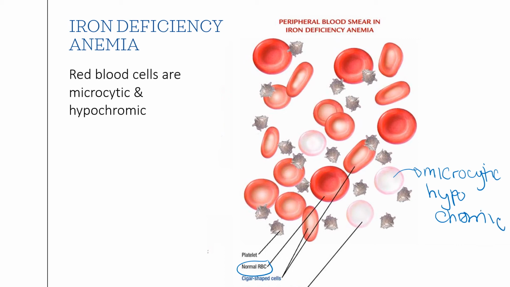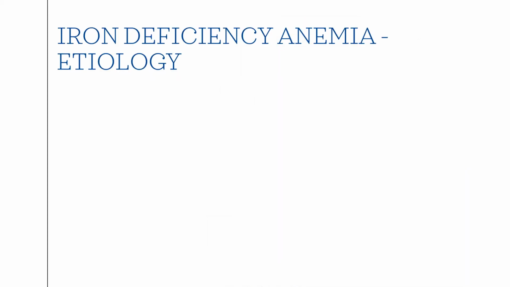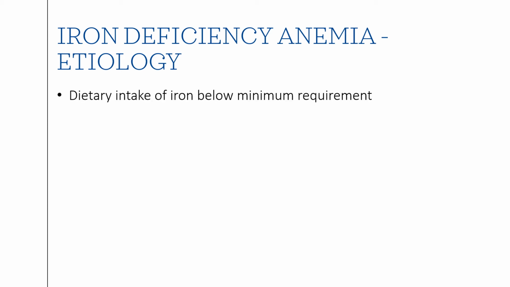So when they do the blood smear, once the lab has picked up microcytic hypochromic red blood cells, then they know the patient has iron deficiency anemia, and often the next step is to investigate the cause of that iron deficiency anemia. Looking at the etiology, risk factors, or causes for iron deficiency anemia, the number one cause is poor iron intake.